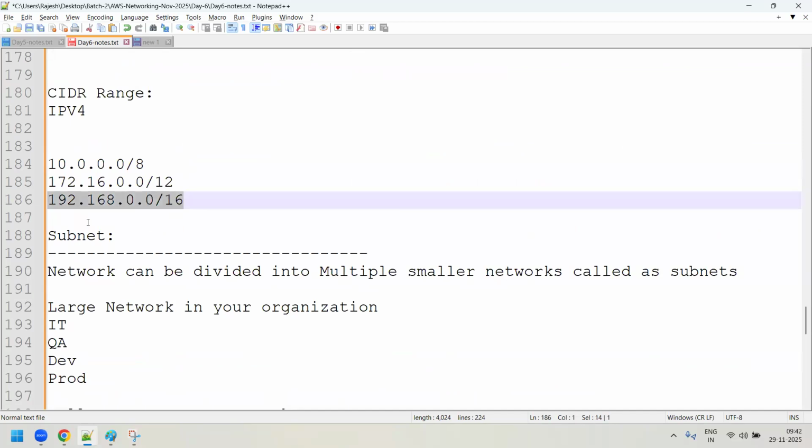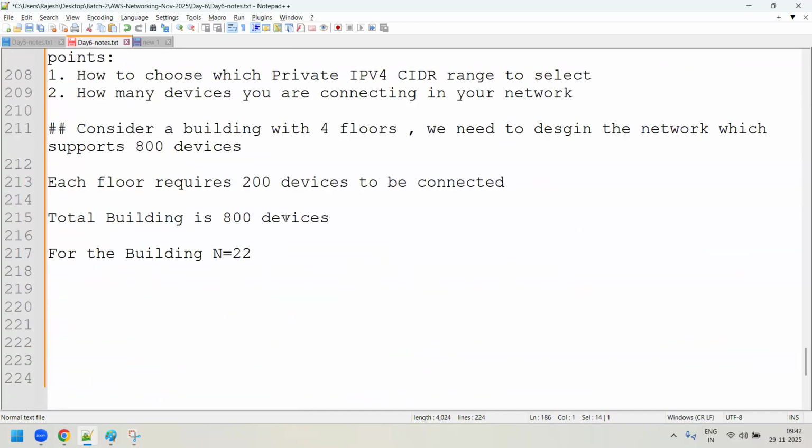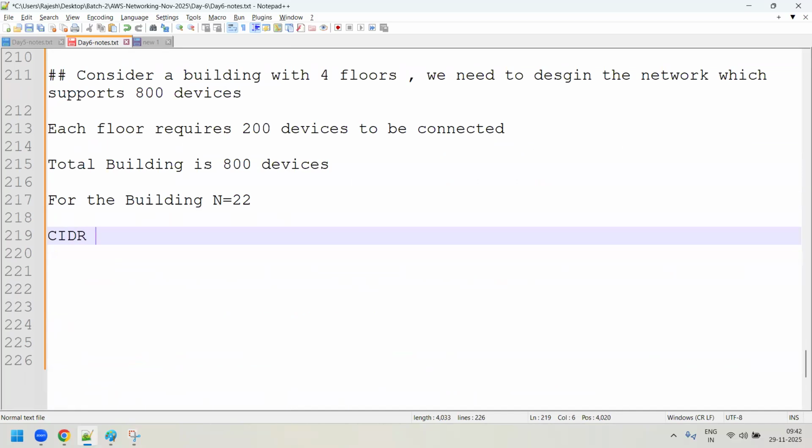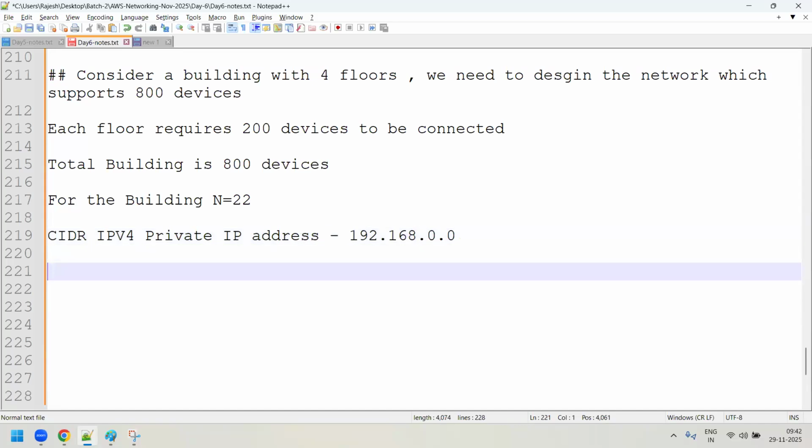So let me choose this range, 192.168.0.0. I have chosen the IPv4 private IP address range, 192.168.0.0. So I'll say 192.168.0.0, and I have to use this 22, right?